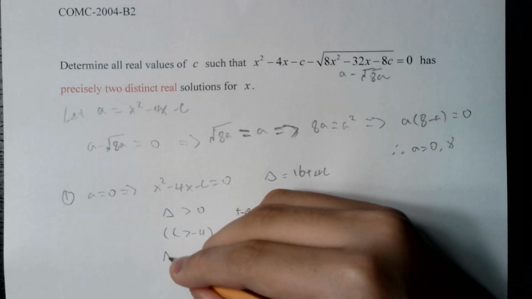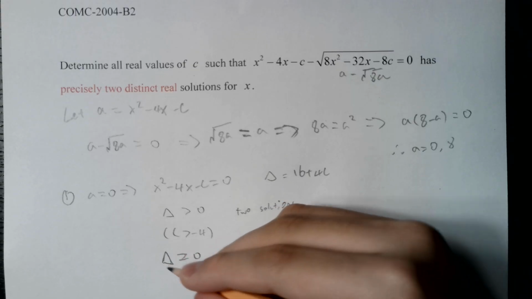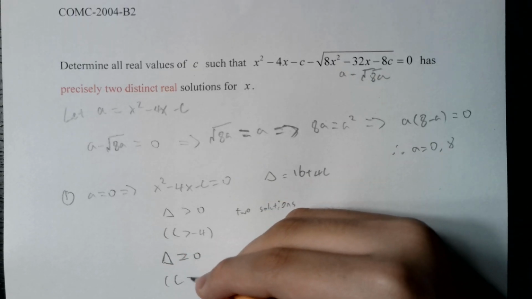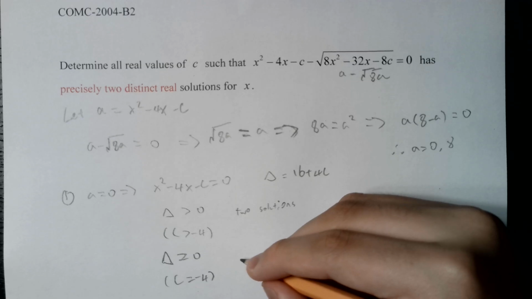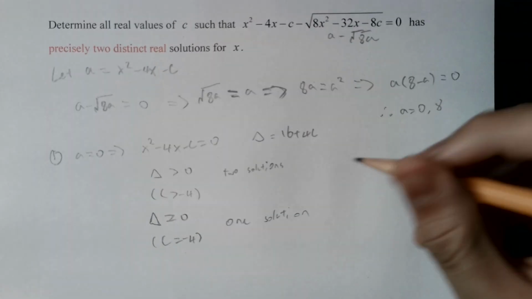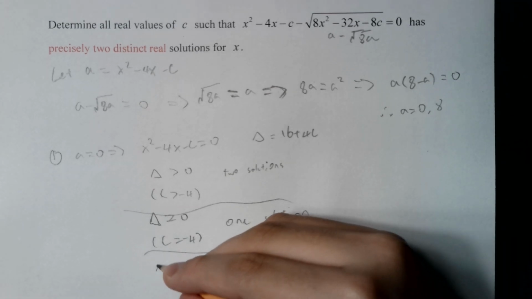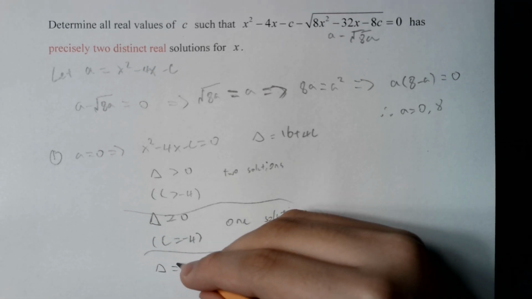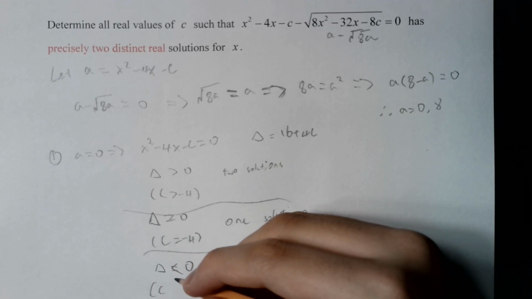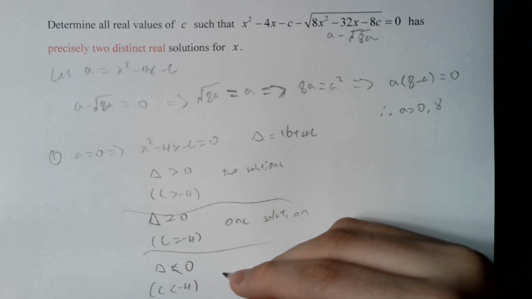Then if the discriminant is equal to 0, which is where c is equal to -4, we only have one solution. I'm going to draw a little line in between so you can tell that we're talking about something different. Finally, if the discriminant is smaller than 0, this means that c has to be smaller than -4, and we have no solutions.